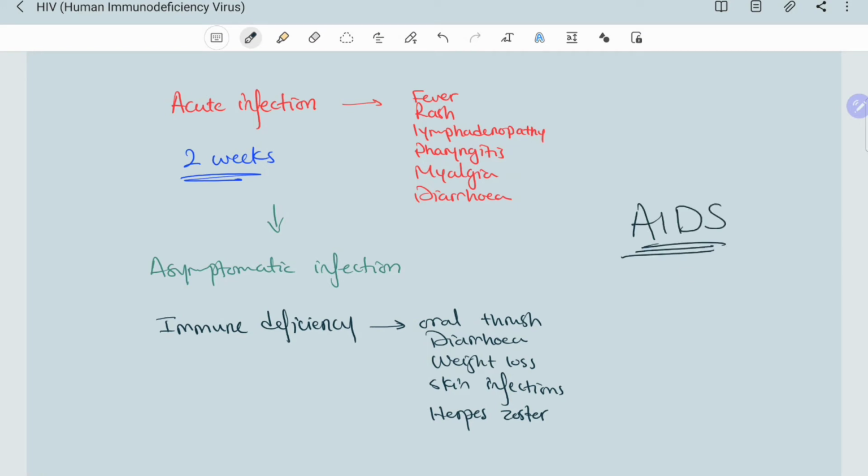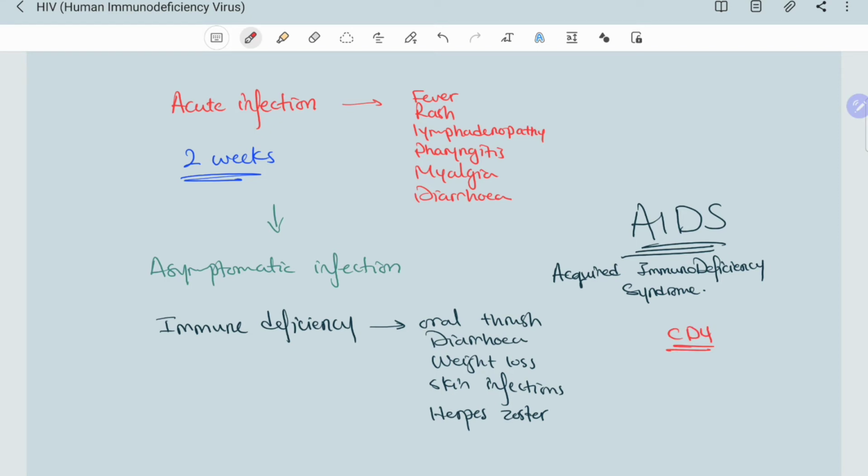So what is AIDS? AIDS is short for acquired immunodeficiency syndrome. So when do we think that this person has progressed to AIDS? There are two markers that we can use. The first one is the CD4 count.